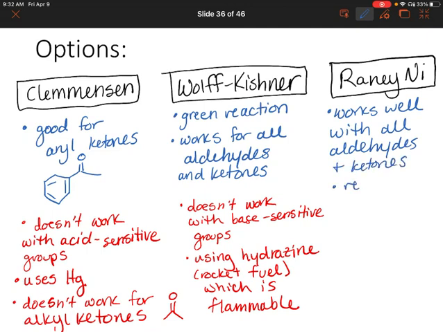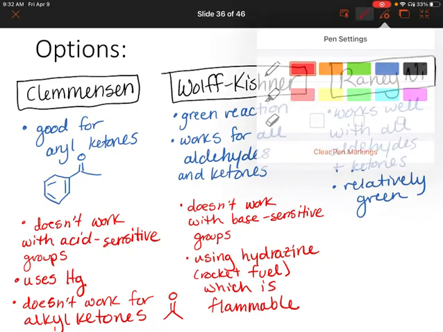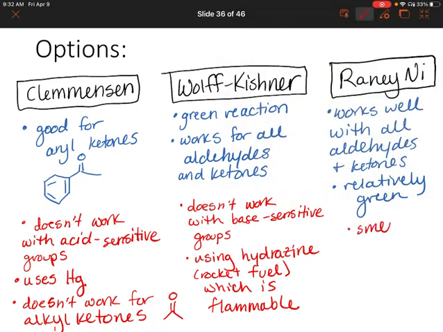It's also relatively green, so it's not too hazardous, but it is smelly. So, when you're trying to pick a reduction method, you always want to take the pros and the cons into account and see also just what's available.